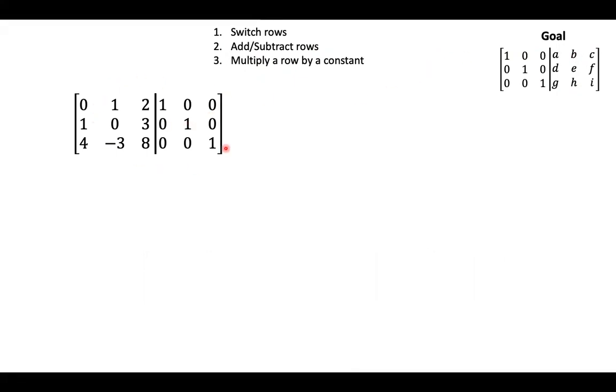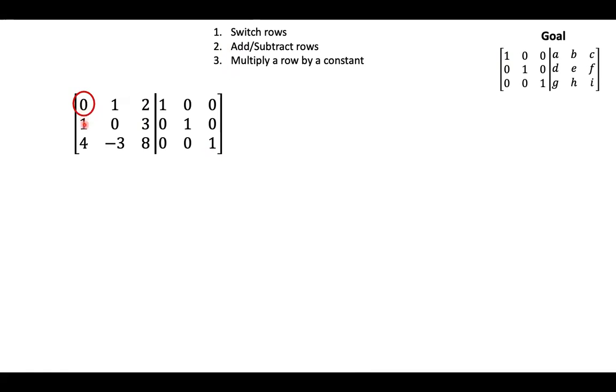So let's begin with our augmented matrix. Now, in order to achieve our goal, we want this first top left term to be a 1. Now, in order to do that, we can use one of our elementary row operations.